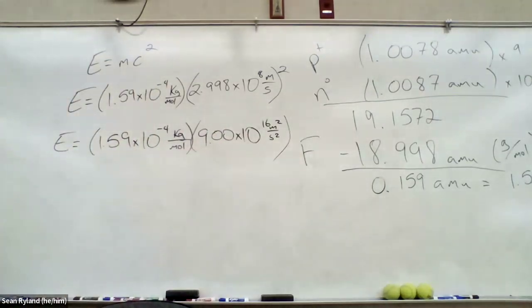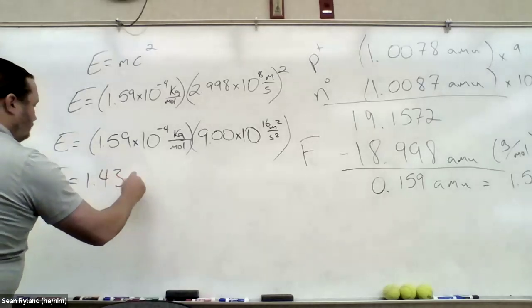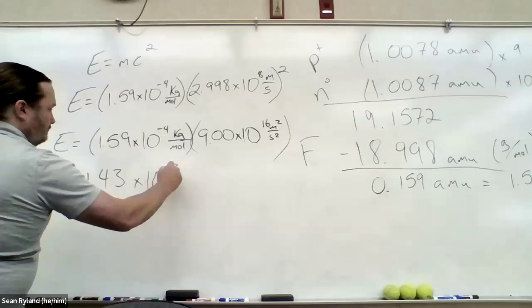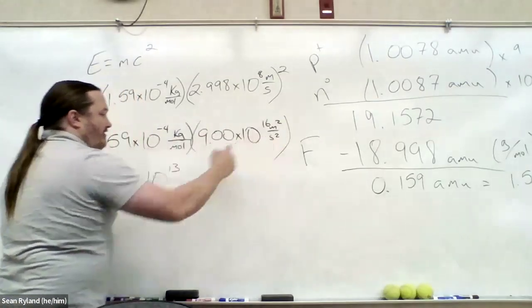Got to square our units too. That's what's going to make our joules work out here. What do we get? And now that's kilograms times meters squared over seconds squared.